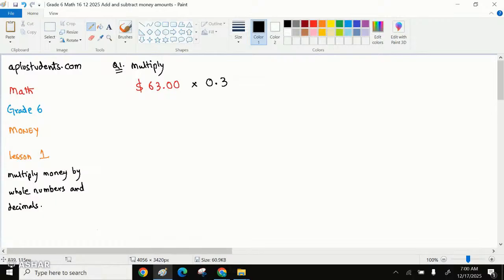Since 63 does not have any cents in it, it's fixed dollars, $63, so we can also consider it to be equal to 63. So we write 63 multiplied by 0.3. Okay. So let's move on to the question.